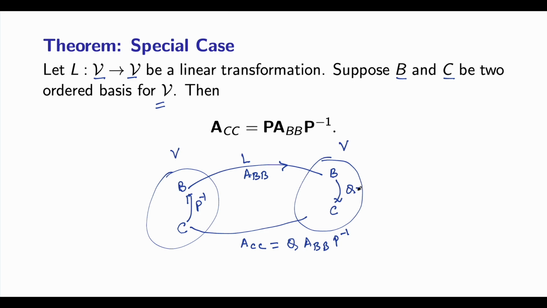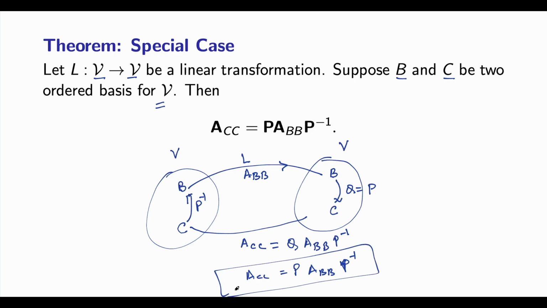So here Q is nothing but basically P, right? So it can be written as P, A_BB, and P inverse, right? And A_CC. So this is another important result, right?